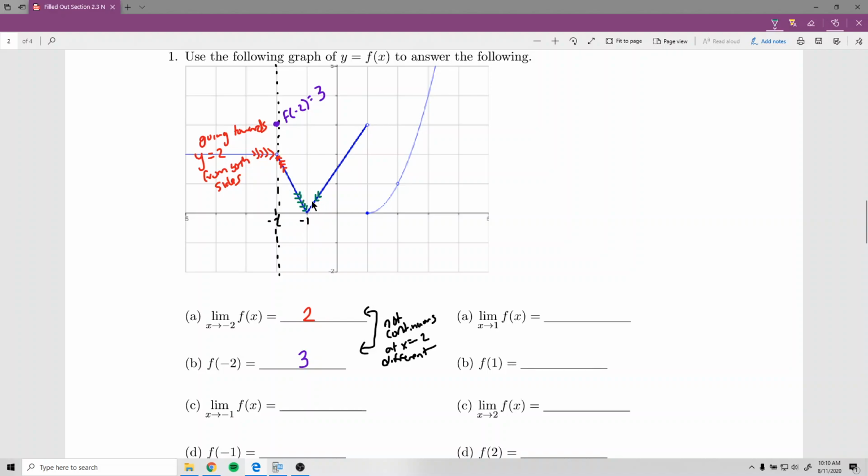And -1 from the right, we're also going towards y equals 0. And then what is the function value at -1? Well, that's also 0. You notice that there's not a circle there. That means it's like an invisible filled in circle. F of -1 is also 0.